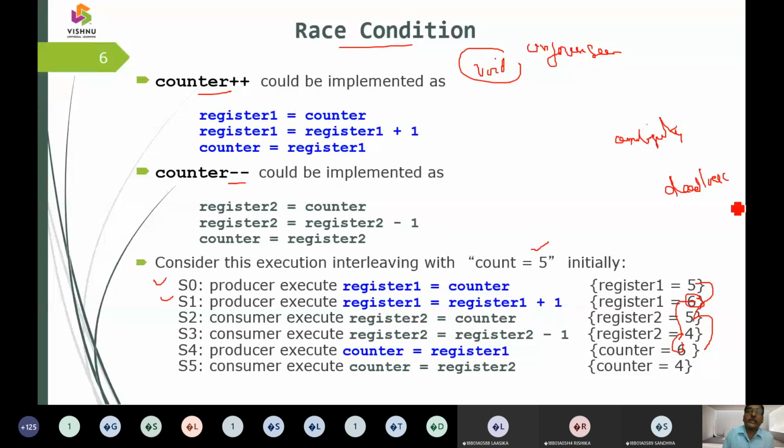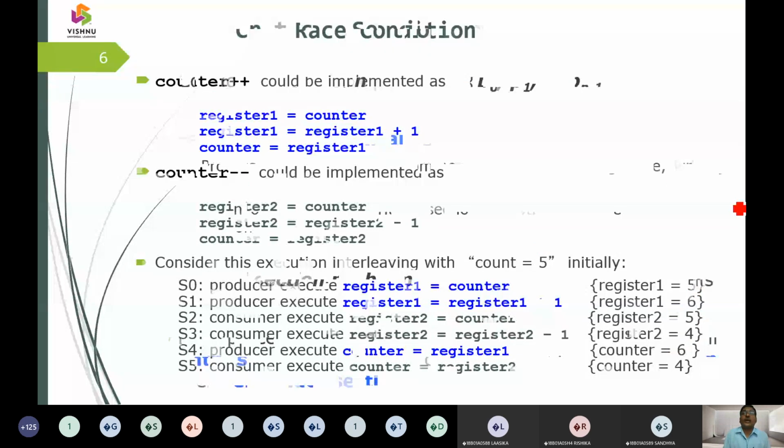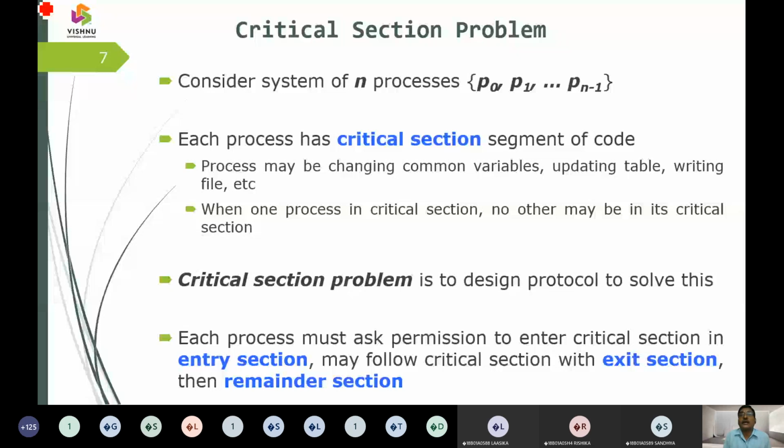Now coming to the definition of a critical section, we can assume that there are some n processes. The set of n processes are represented as P0, P1 up to Pn minus 1. Now the clear discussion: what is a critical section? A critical section is going to have some segments, and those segments are common.